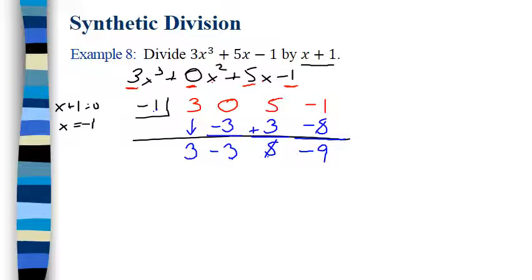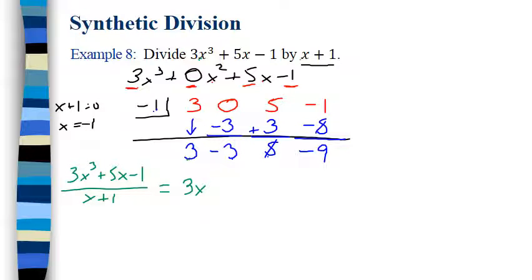So I can rewrite this as 3x cubed plus 5x minus 1 divided by x plus 1 equals 3x. I know this is squared because I started with a cube.